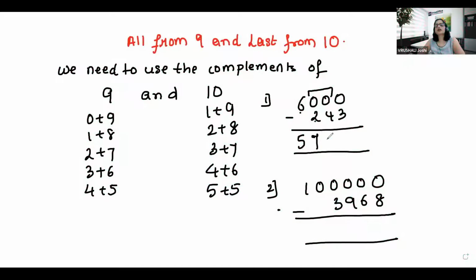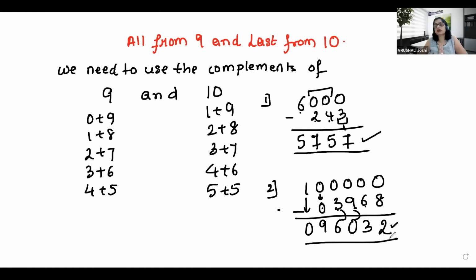So 2 plus 7 is 9, 4 plus 5 is 9. And the last combination we look for 10, which is going to be 7. So this is your answer. 1 less than the one above is 0. Because there is no digit here, we put a 0. 0 plus 9, 3 plus 6, 9 plus 0, 6 plus 3, and 8 plus 2. So then this becomes your answer.